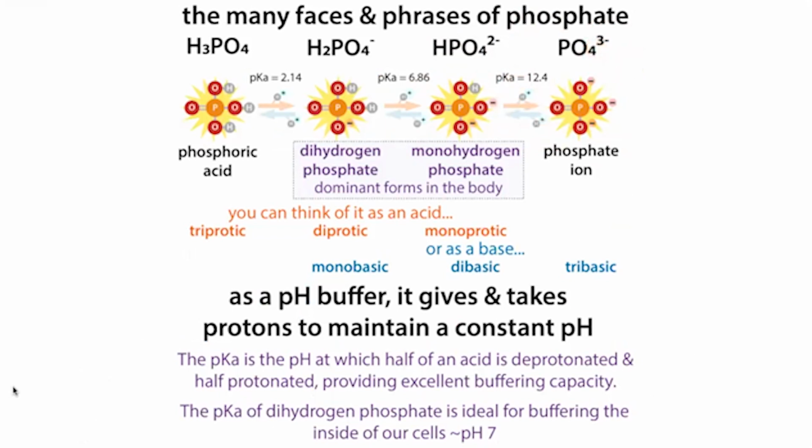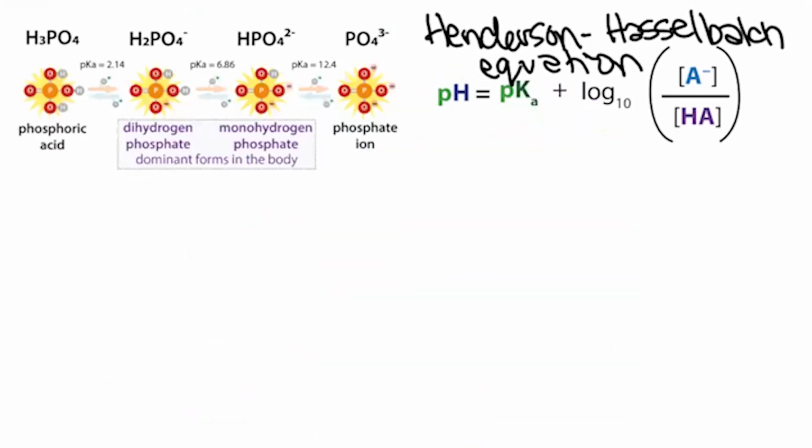Okay, so that was just estimating it. But now let's actually show how we can solve this using the Henderson-Hasselbalch equation for any given pH and any given pKa. We'll consider a pH of about 7.4, and then look at the pKa of each of these. Let's start with our main one, this dihydrogen phosphate, monohydrogen phosphate equilibrium, where our pKa is 6.86.